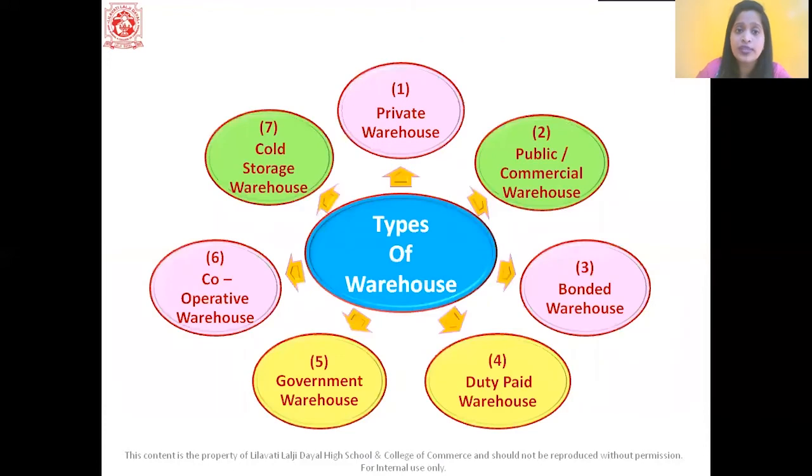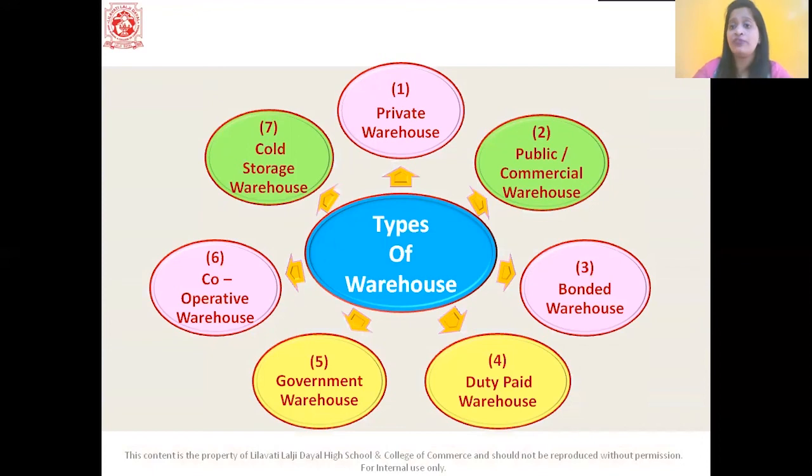Let's move on to the next answer, and that speaks about types of warehouses. Students, you can see there are 7 types of warehouses, so let's study each one of them in detail. First type of warehouse is the private warehouse.